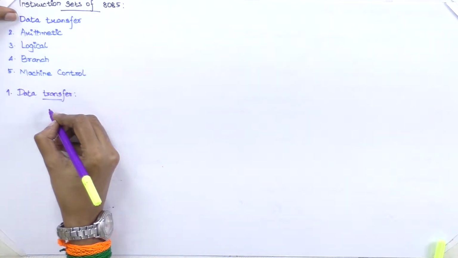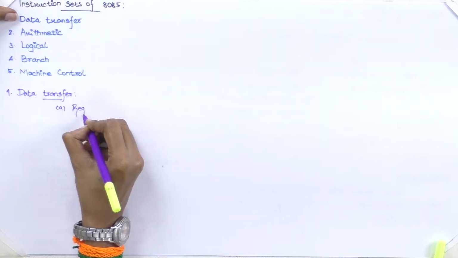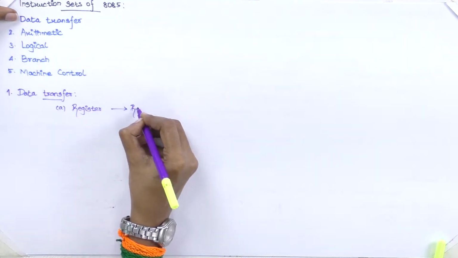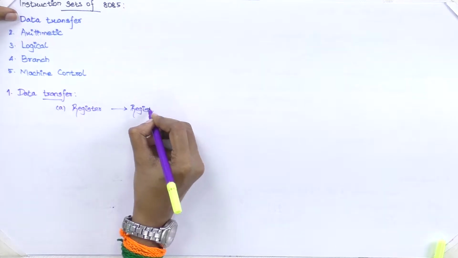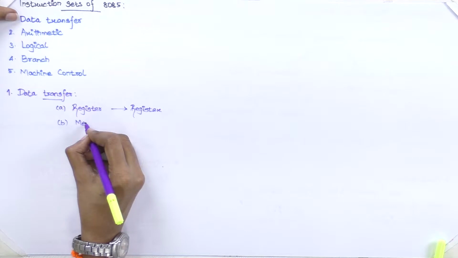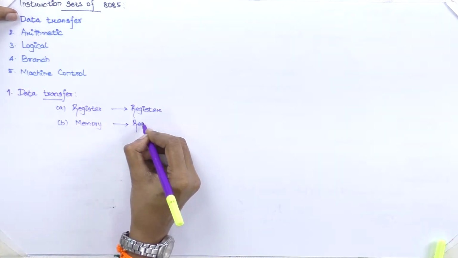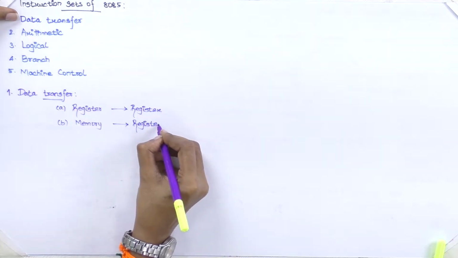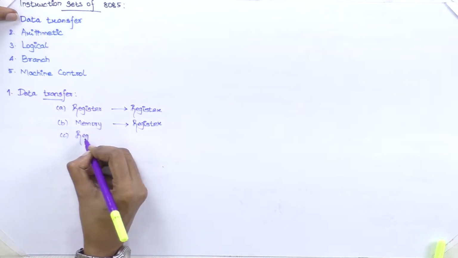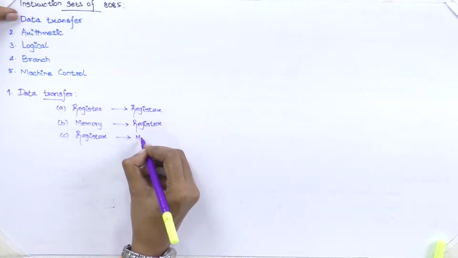So the possible data transfers are, you can transfer a data from one register to another register, or else you can transfer a data from a memory to a register, or vice versa, register to memory.